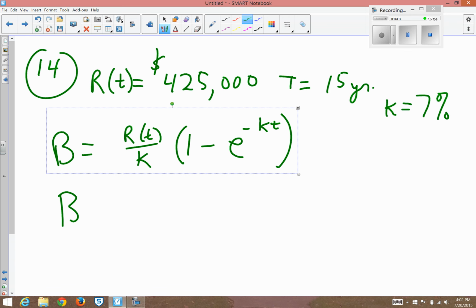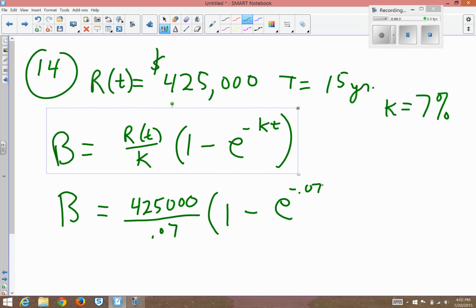The accumulated present value is 425,000 over k, that's 0.07, parentheses 1 minus e raised to the negative 0.07 times 15. So this all gets calculated on your calculator.